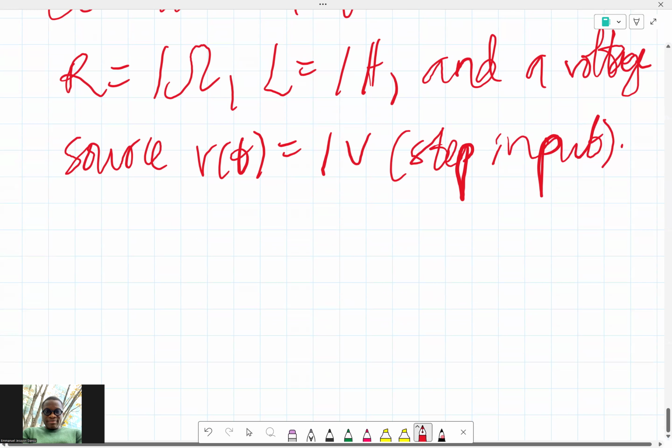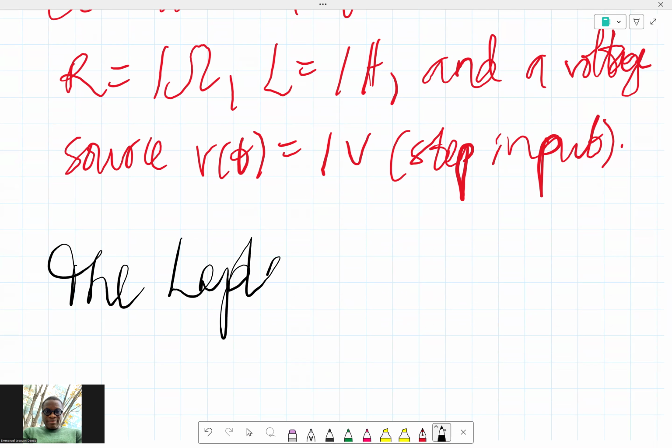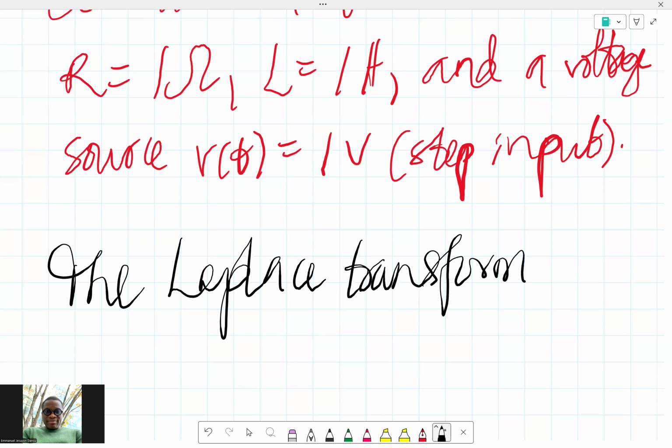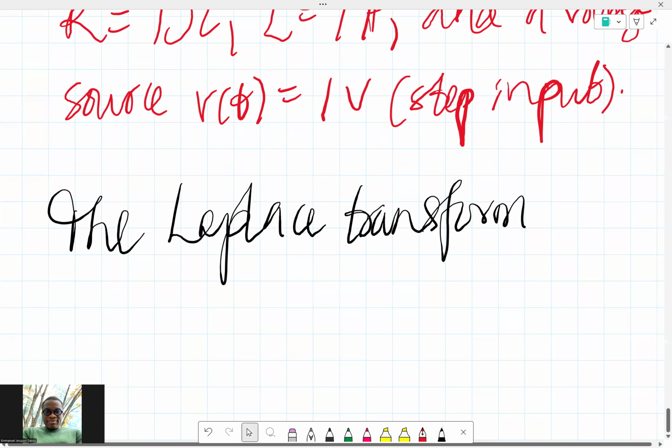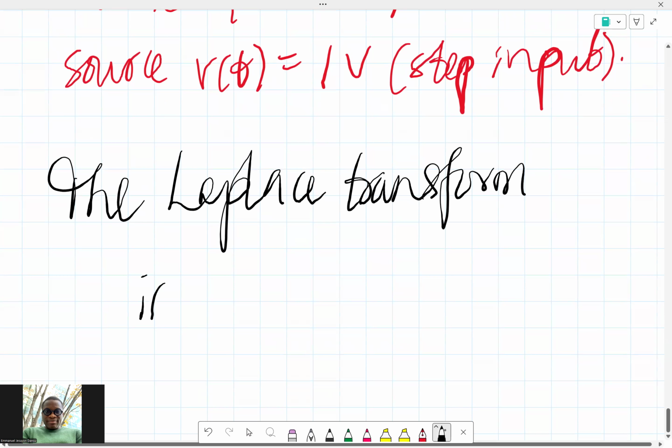Okay, the Laplace transform, i(t) equals e raised to minus t.